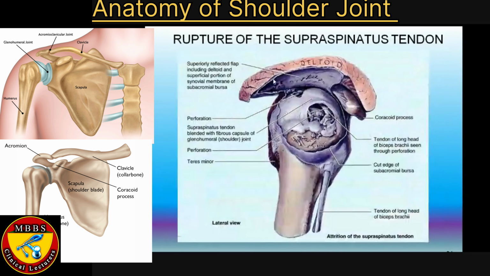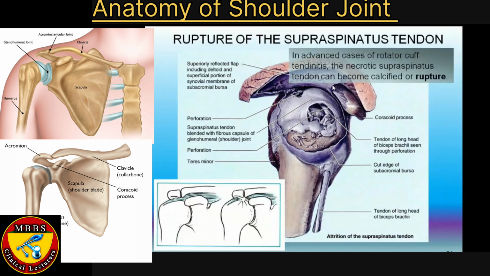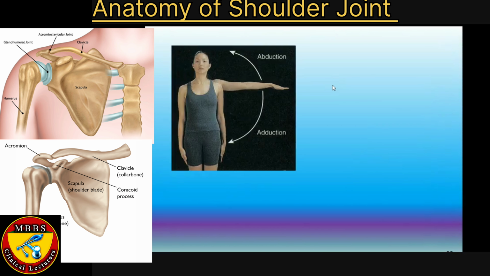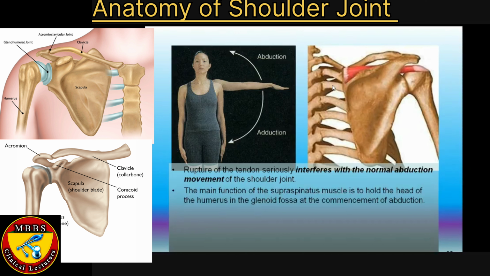Now in this picture you can see that there is the supraspinatus tendon which is actually rupturing, and in advanced cases of rotator cuff tendinitis, the necrotic supraspinatus tendon can become calcified or ruptured. Then this rupture of the tendon definitely interferes with the normal abduction movement of the shoulder joint, and the main function of the supraspinatus muscle we know is to hold the head of the humerus in the glenoid fossa at the commencement of abduction.